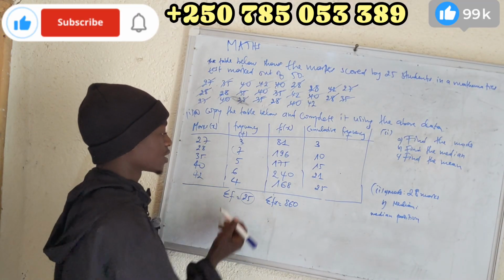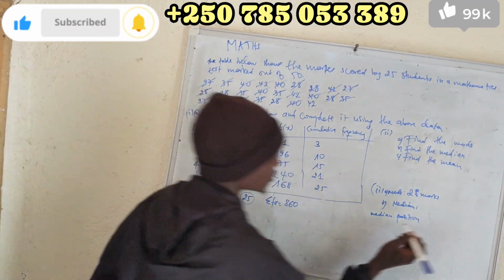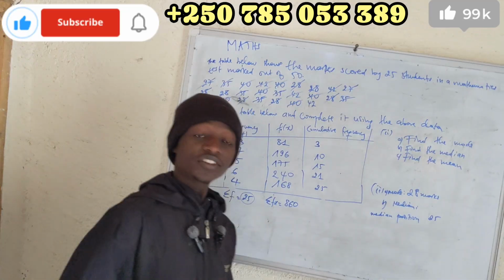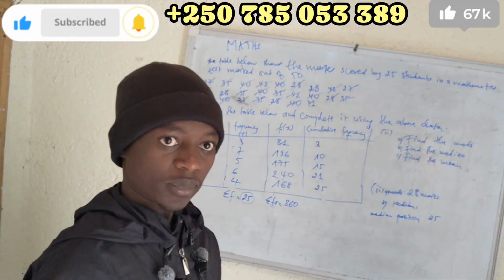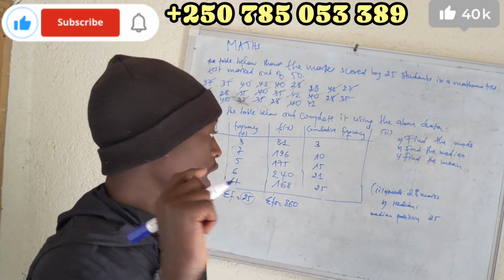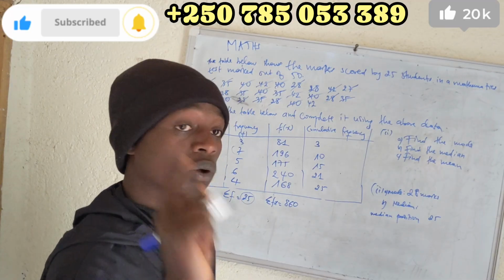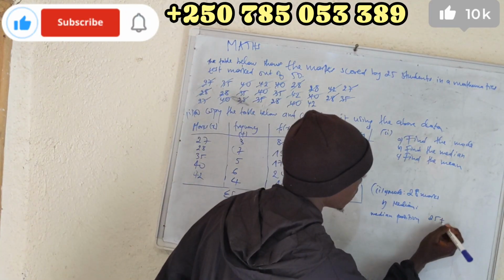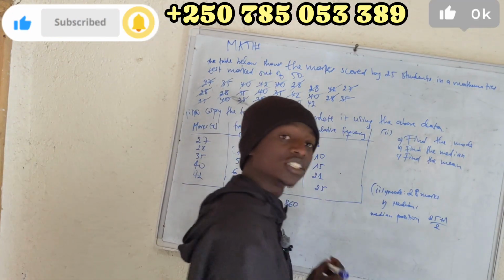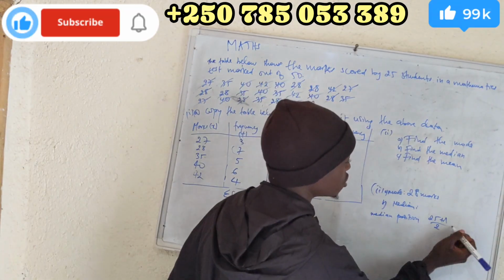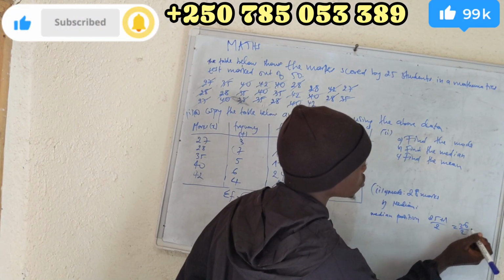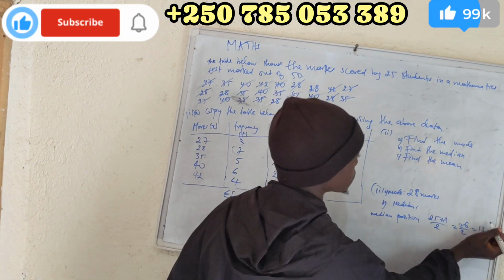Come and take this 25. 25 is an odd number, so we add 1 and divide by 2. We get 26 divided by 2, which is 13.